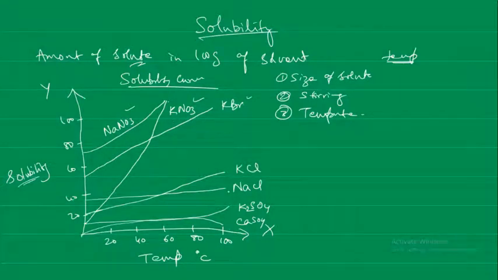But this other group, that is potassium chloride, sodium chloride, their increase is only very little with respect to increase in temperature. This potassium sulfate and calcium sulfate, they are showing somewhat anomalous solubility, that is first it is increasing and then it is decreasing.